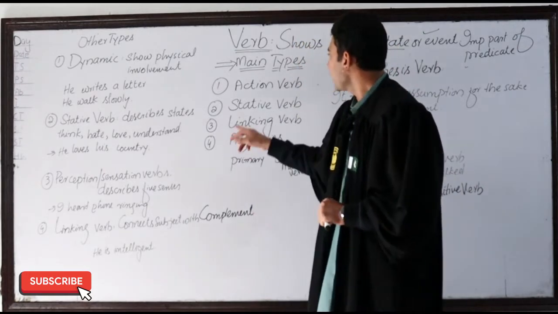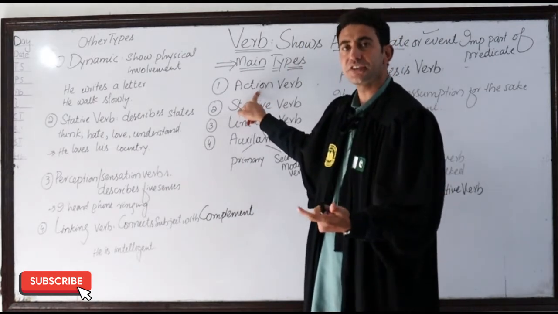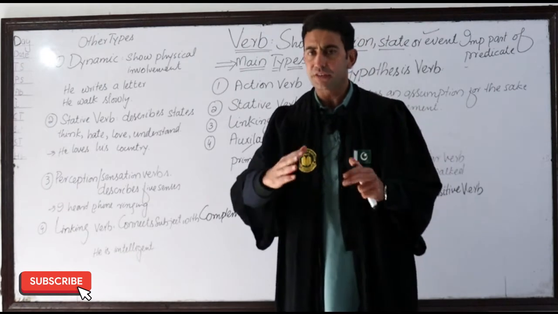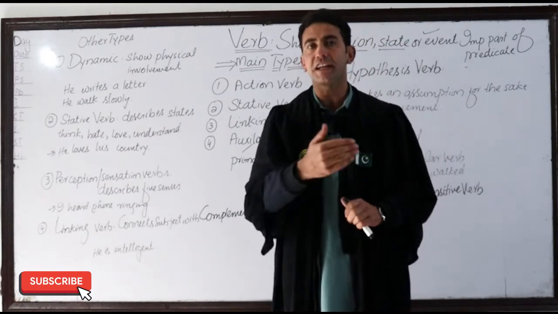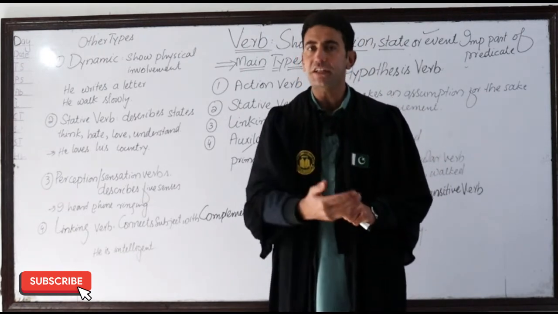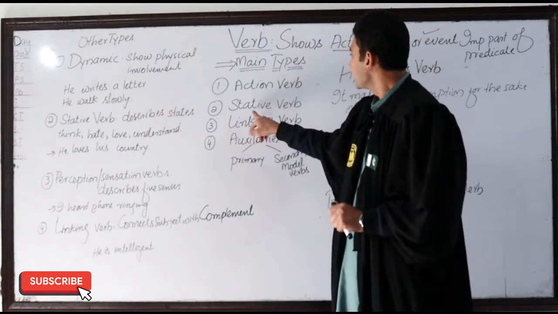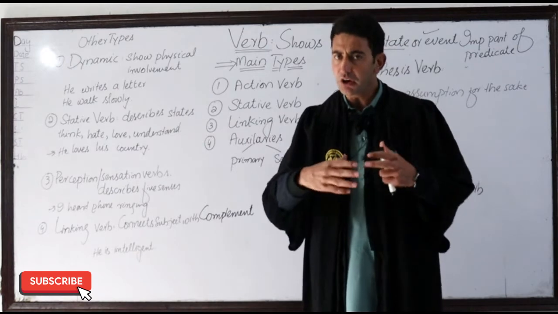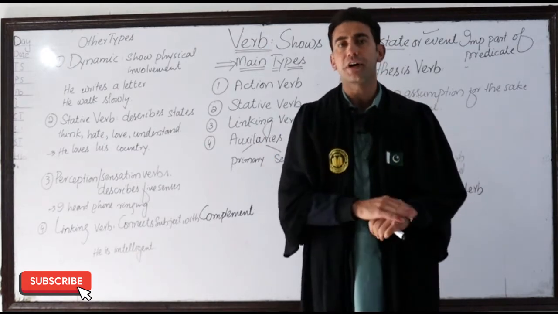Now, action verbs, as the name suggests, describe an action in a sentence in which a subject is involved in a physical action or physical activity. Stative verbs only describe states in which no physical action is performed.